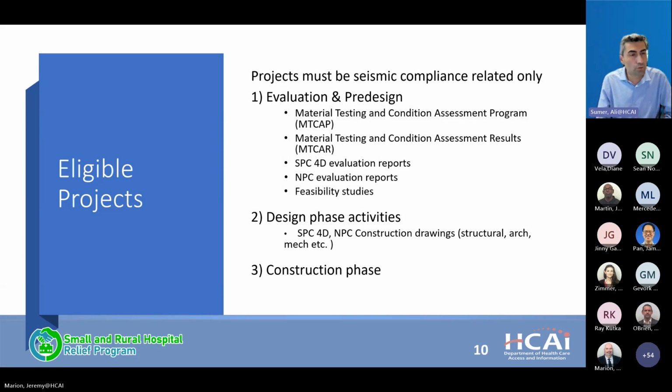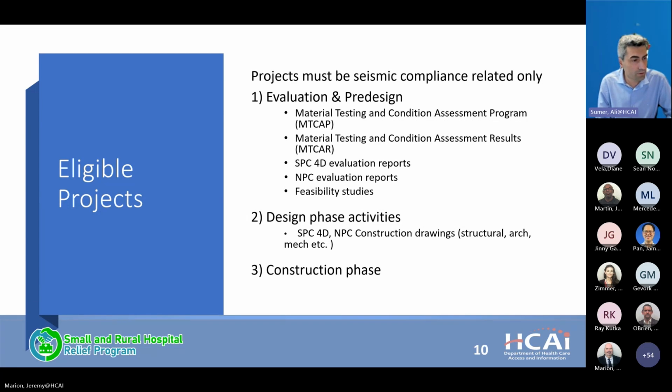So there are two projects, the material testing program and the results of that once the project is done. Those two projects are eligible for the grant application, as well as the seismic retrofit upgrade project to SPC 4D. If you have an SPC 1 or SPC 2 building and you want to upgrade it to 4D, that's an eligible project.